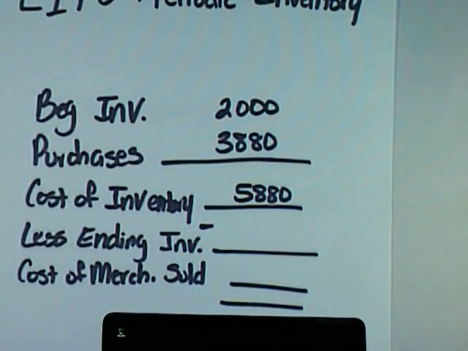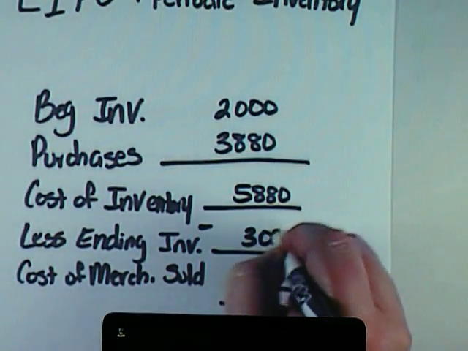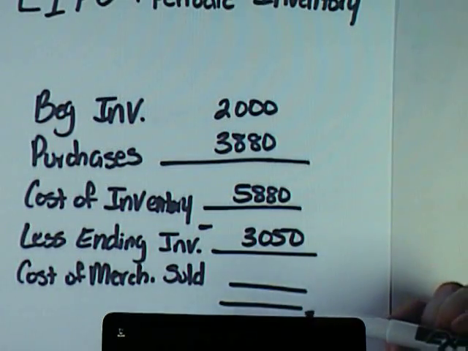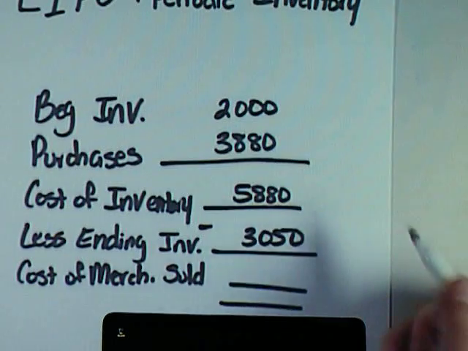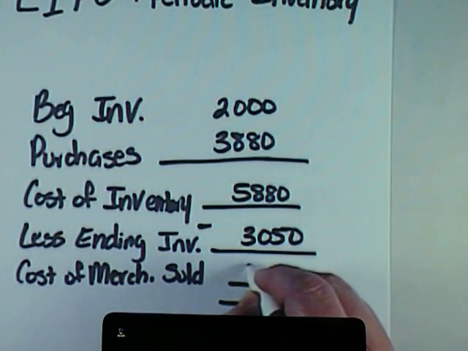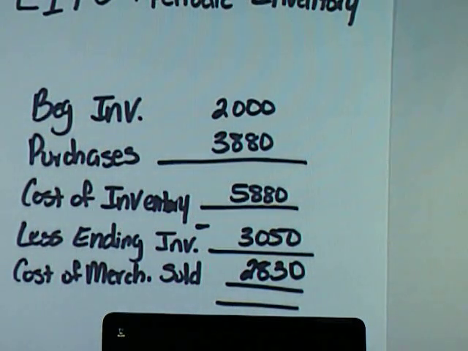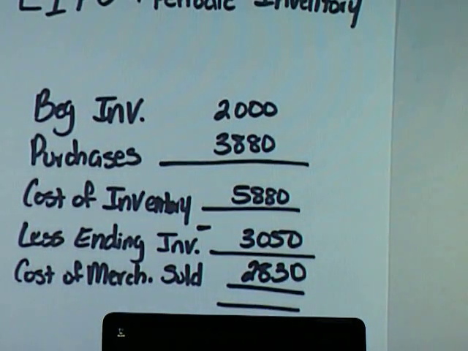We were left with 100 units at $20 and 50 units at $21 for a total of $3,050. So there's our ending inventory value that we're going to take away here. And to deduct these two, we end up with a cost of goods sold or cost of merchandise sold of $2,830, which you can see on page 321 in your book.